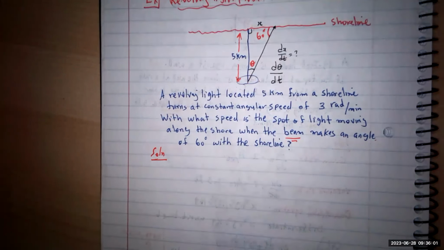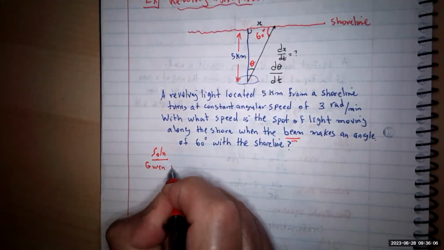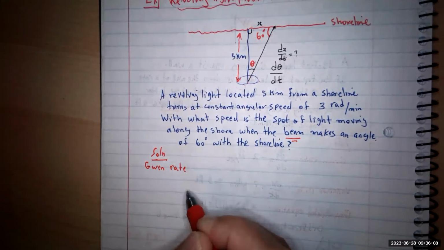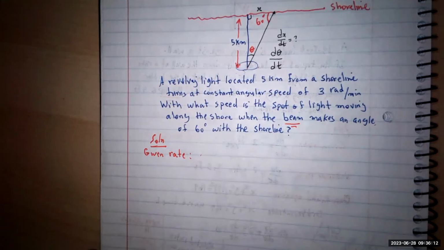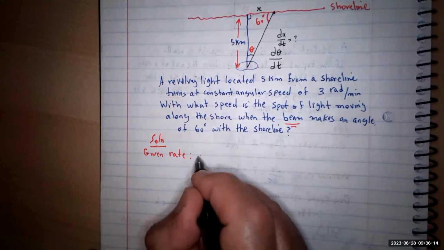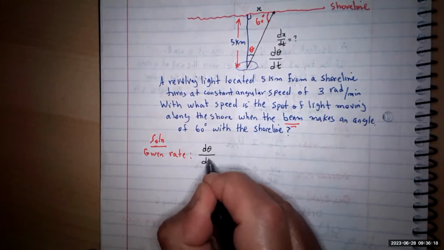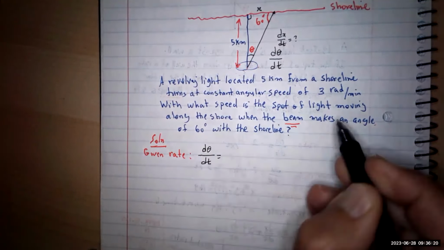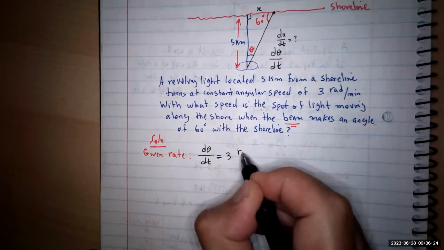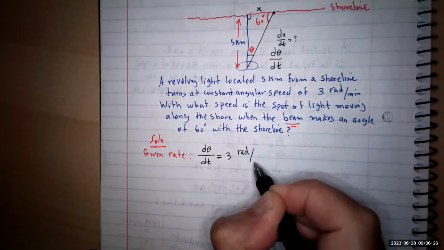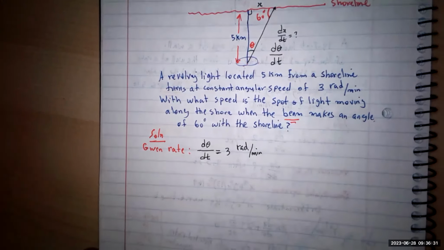So our known rate, you can summarize this, but I just keep writing everything. The given rate is the angular velocity all the time, dθ/dt, which is given as 3. The unit is always radians, radians per minute in this case.